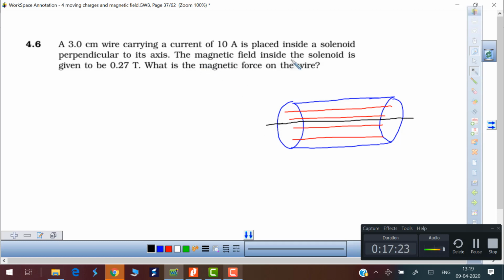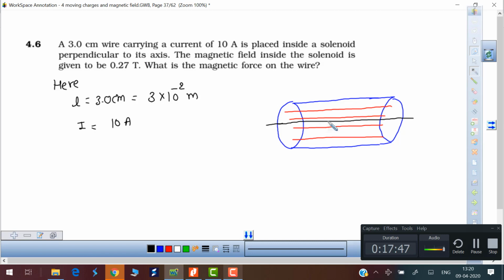So the magnetic field inside the solenoid is given. So here 3 centimeter long wire. I convert 3 centimeter into meter because we use SI system. Then current is 10 ampere, placed inside a solenoid perpendicular to its axis.